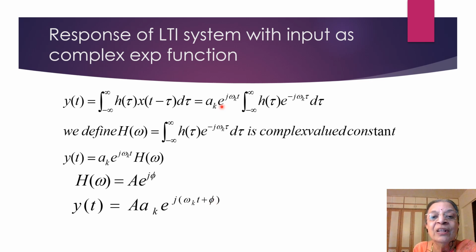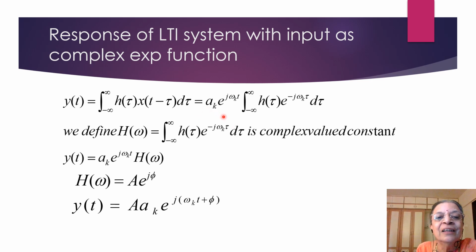That means when I am using the input as e^(j omega_k t), in this case x(t minus tau), I can write it as e^(j omega_k t) into e^(-j omega_k tau), because it is t minus tau, right? So I am assuming that the input is an exponential function with some constant a_k.